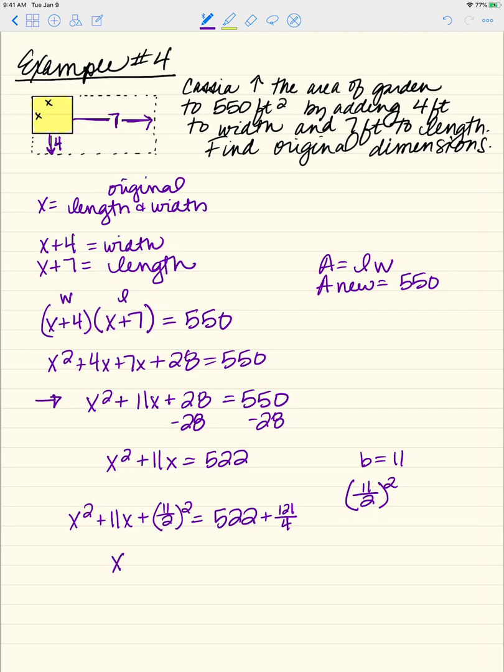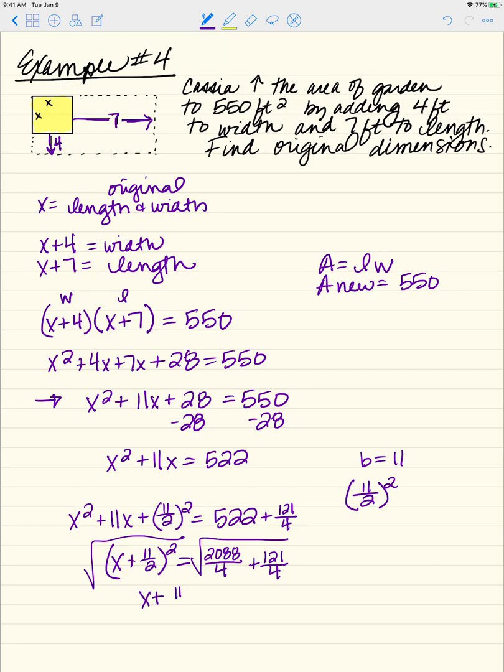That just becomes x plus 11 over 2 squared is equal to this 522 plus 121 over 4. 522 times 4 is 2088. So 2088 over 4, okay, plus 121 over 4, okay? Now, take the square root of both sides.